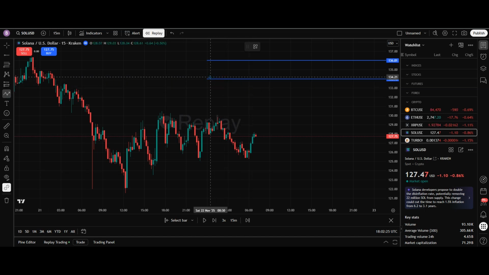And with price action, you will see price go from support to resistance, back down to support, back up to resistance, back down to support, so on and so forth.